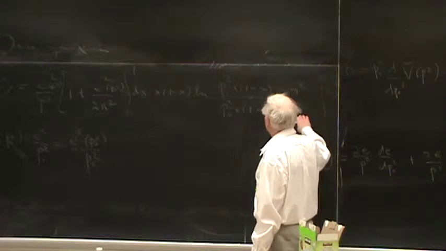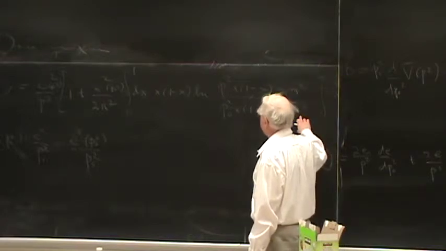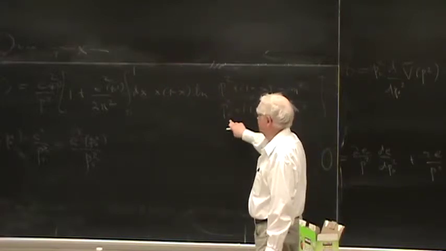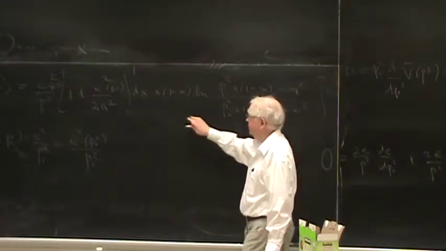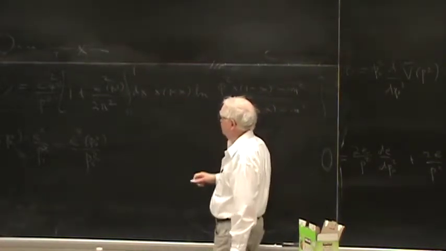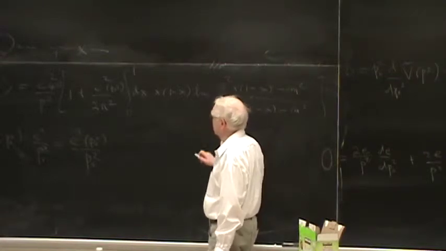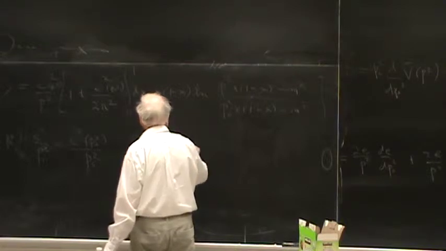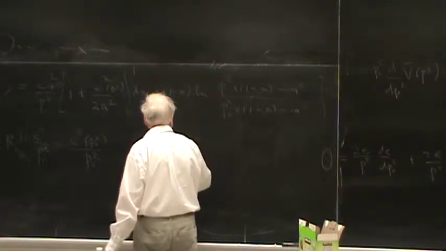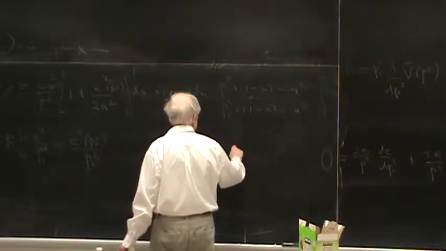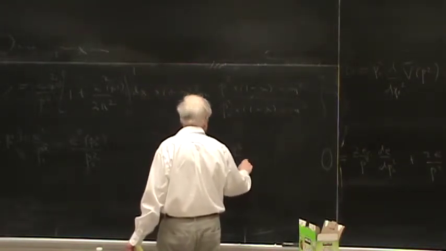Well, let's drop m squared first of all. If we drop m squared, this is just log p squared over p0 squared. Then of course you can do the integral and you get a sixth. So the extra correction would be 1 plus e squared over 2 pi squared times 1/6 log of p squared over p0 squared.